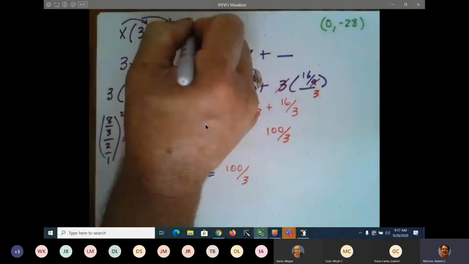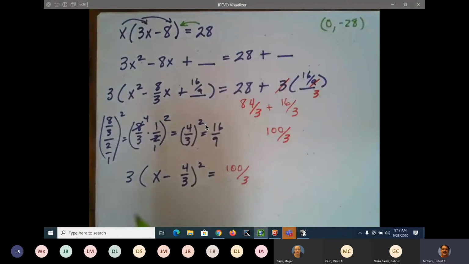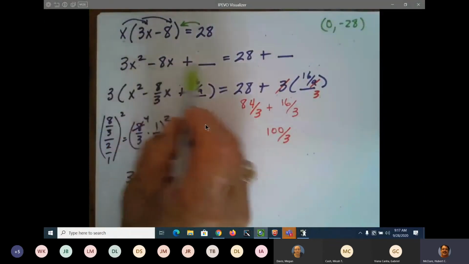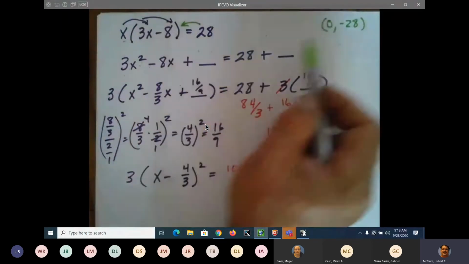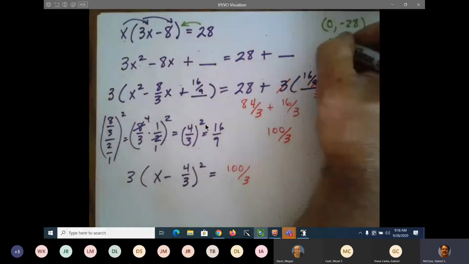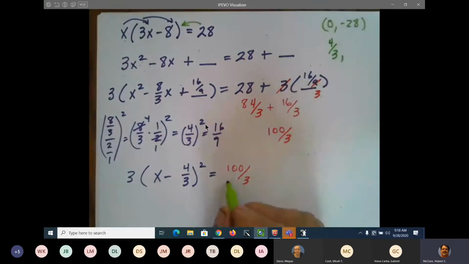If you brought that over, the original equation, that'd be negative 28. And these two are x terms. So it'd be 3x squared minus 8x minus 28. So that would be your y-intercept. Here, we got a vertex of 4/3, comma, negative 100/3.